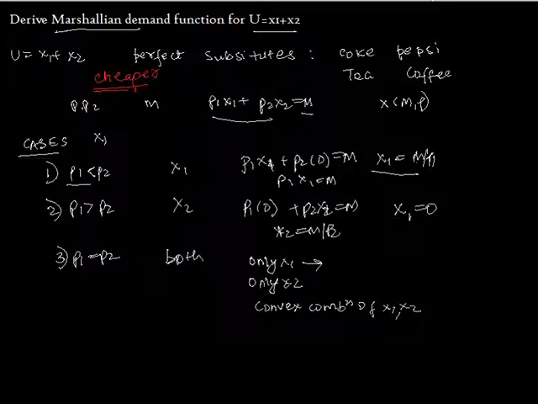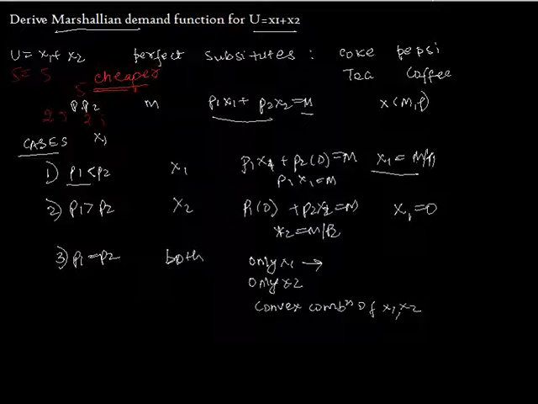Because it is giving you equal utility, you can buy only x1, or only x2, or some combination of x1 and x2, that is, half a cup of tea and half a cup of coffee. Suppose we fix a utility equal to 5. Only x1 will give you 5, only x2 will give you 5, and x1 plus x2 you can even buy 2.5 and 2.5. All of them are giving you equal utility.